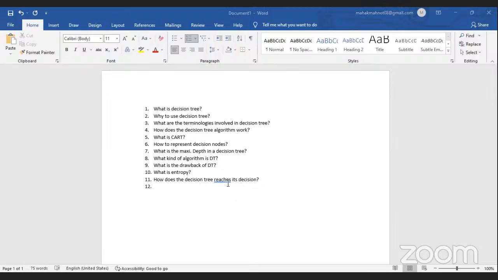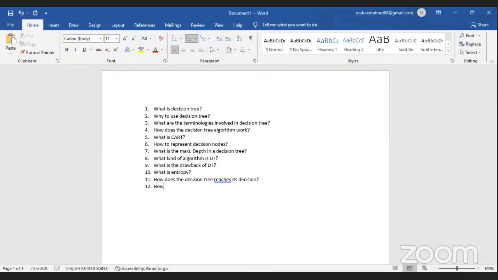They reach their decision by performing a sequence of tests. The number of tests is not fixed. Clear? So a decision tree reaches its decision by performing a sequence of tests. Multiple tests they perform, a sequence of tests, to reach their decision.